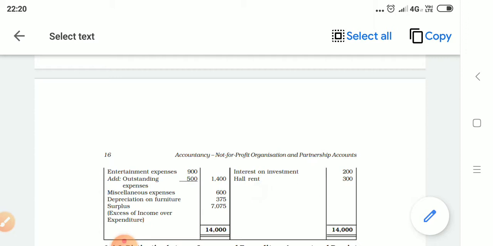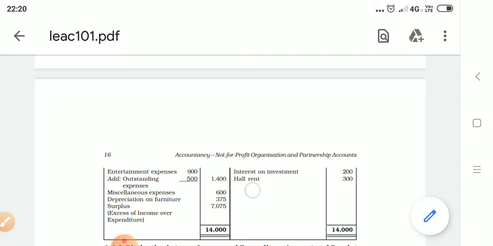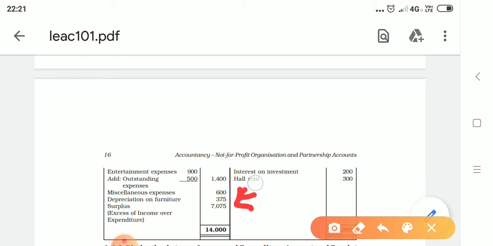As per NCERT syllabus, entrance fee is considered to be a one-time payment, a capital item, so they are not showing it. But as per CBSE syllabus, we are following CBSE syllabus. As per CBSE syllabus, entrance fee is a revenue item. So it will appear in the income side of income and expenditure account. Write it as an important note. So entrance fee will appear here. Okay.